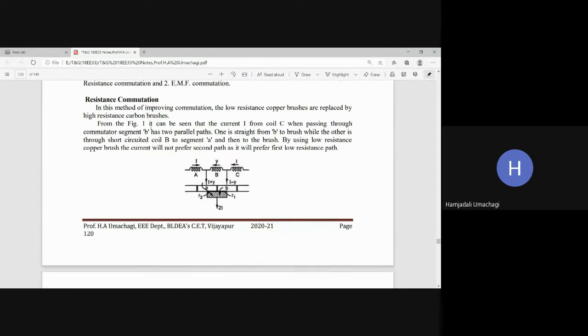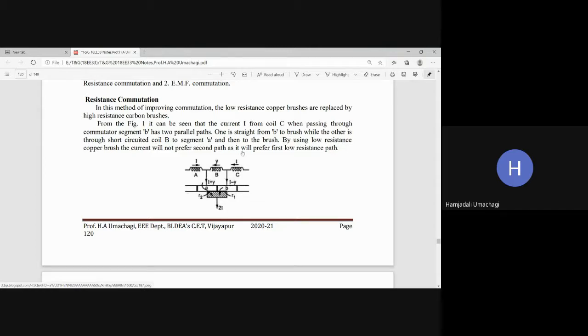From figure 1, it can be seen that the current I from coil C, passing through commutator segment B, has two parallel paths.